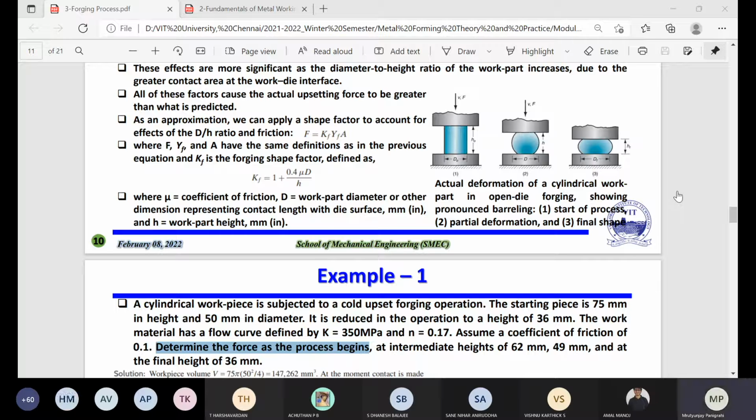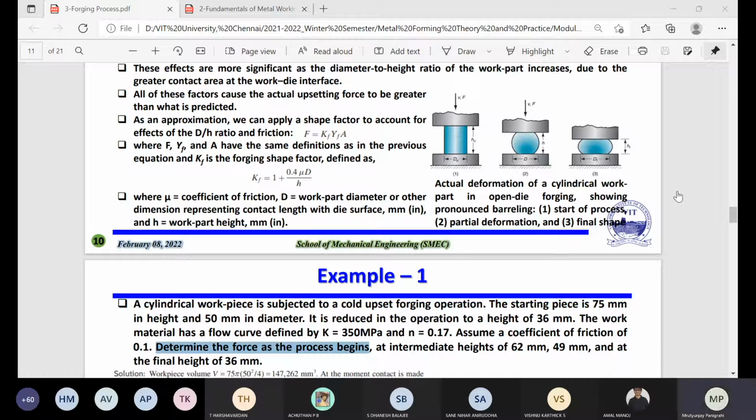So you got YF equal to 121.68 megapascal, right? So F equal to KF into YF into A. KF you have already calculated as 1.027, and YF as 121.68. Then you have to calculate A. How to calculate A?